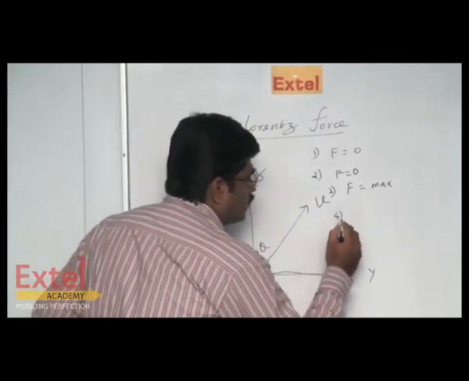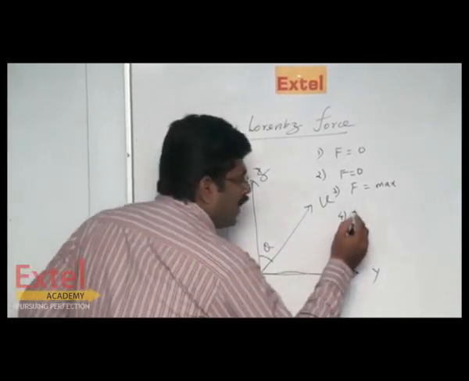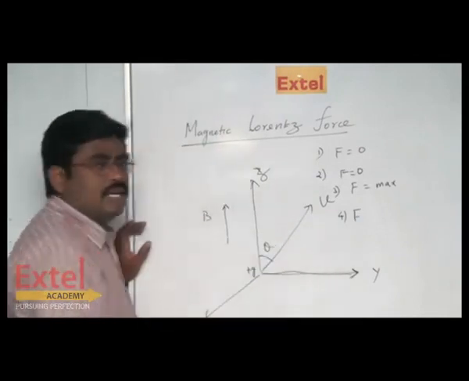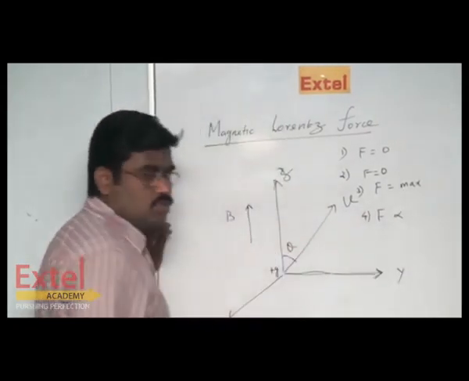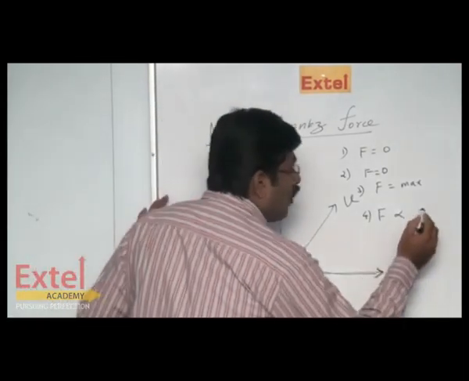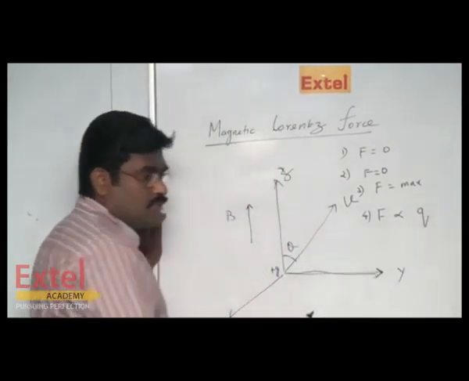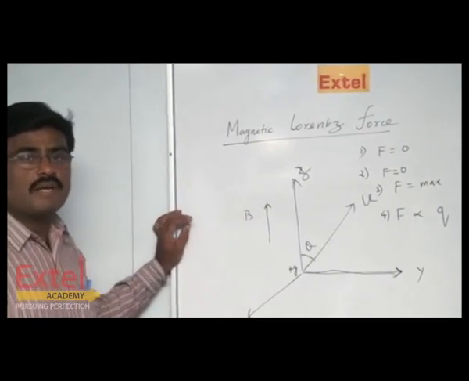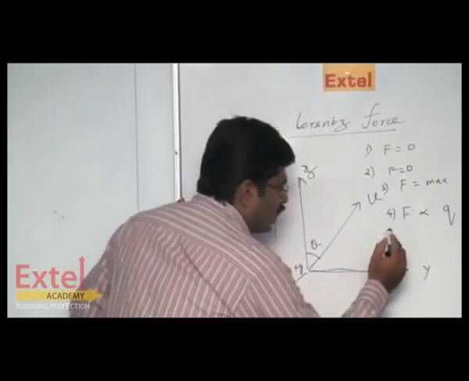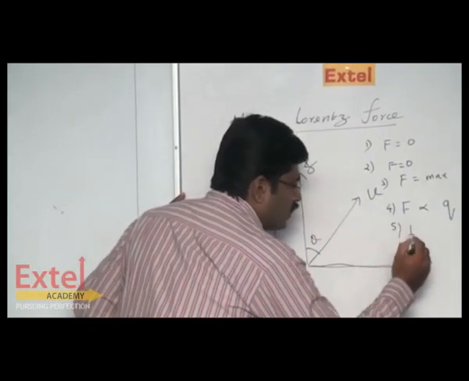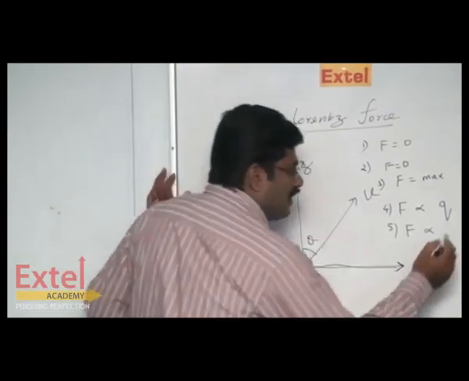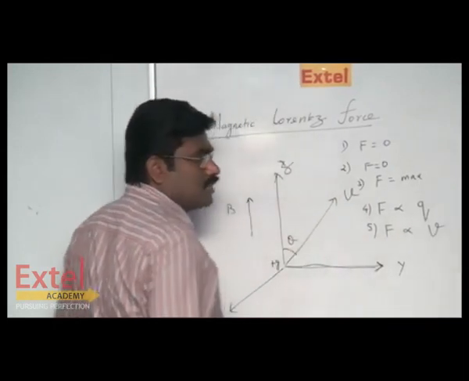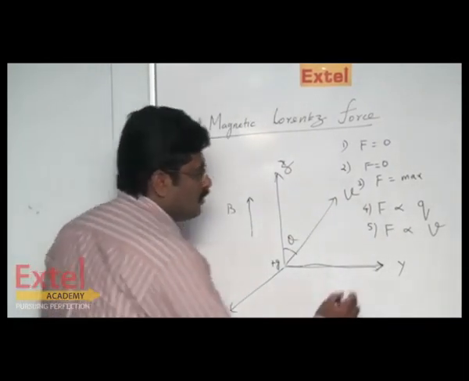And the fourth point is, the magnetic Lorentz force F experienced by the charged particle moving in a magnetic field is directly proportional to the quantity of charge which moves in the presence of magnetic field. The next point, the Lorentz force is also directly proportional to the velocity with which the charged particle moves in the presence of magnetic field.